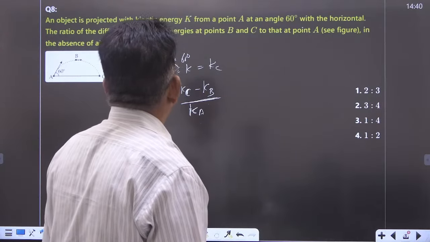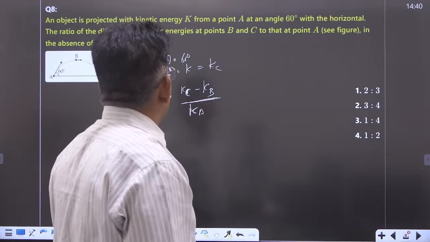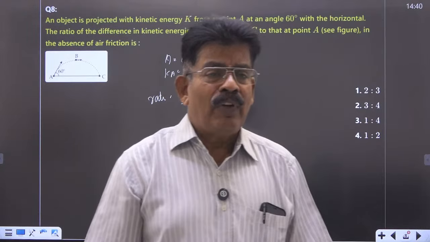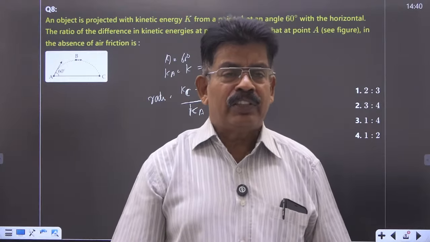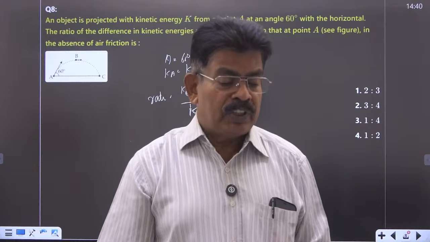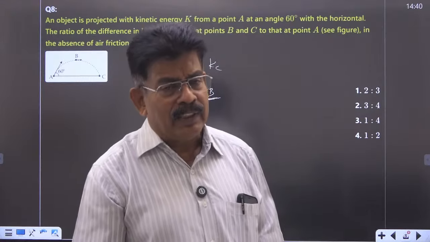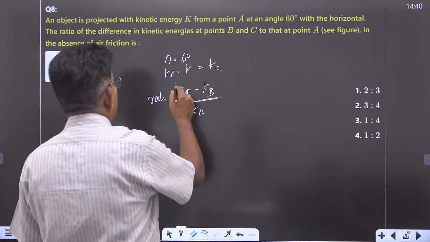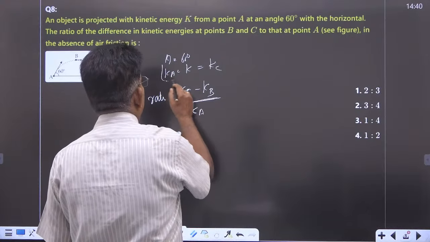There is no mention of energy loss, even in the absence of air friction. They need not mention it; if air friction is there, we cannot make a calculation. So if there is no mention of air friction, it is understood that we ignore it. So kinetic energy at A is equal to K, which is equal to kinetic energy at C.